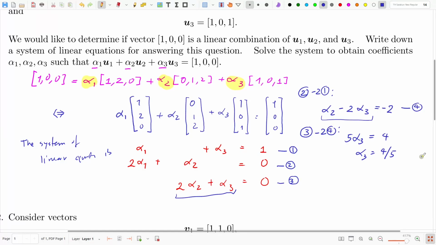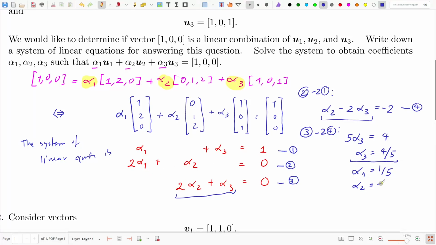Okay? And then alpha 1. I can plug them back to figure it out. Now I know alpha 3 is 4 over 5, and alpha 1 plus alpha 3 is 1, so alpha 1 is 1 over 5. And finally, alpha 2 is minus 2 over 5.